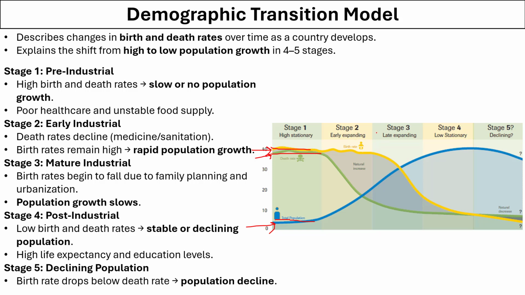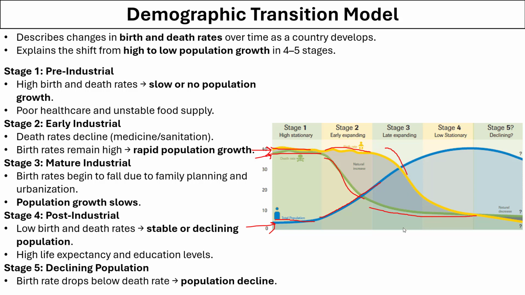As the birth rate remained high, but the death rate declined because of availability of medicine and sanitation and food resources, the population growth started to increase. It kind of remained high as compared to the death rate, but eventually these numbers became low.